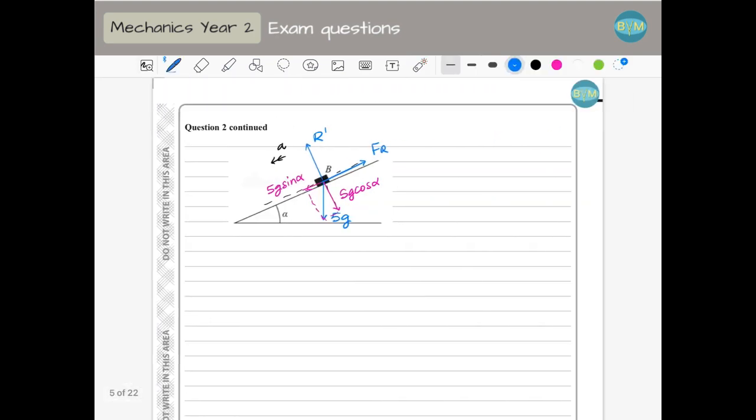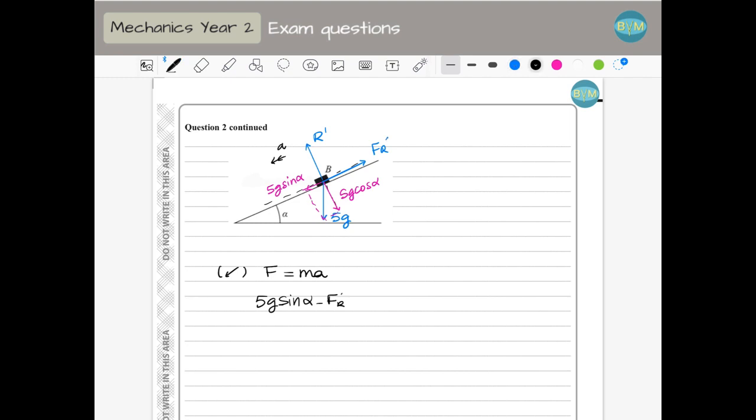So if we resolve down the plane to find the acceleration, our equation of motion, resultant force is mass times acceleration. The resultant force is going to be 5g sine alpha down, minus friction up, and this friction again is going to be different from the one before.